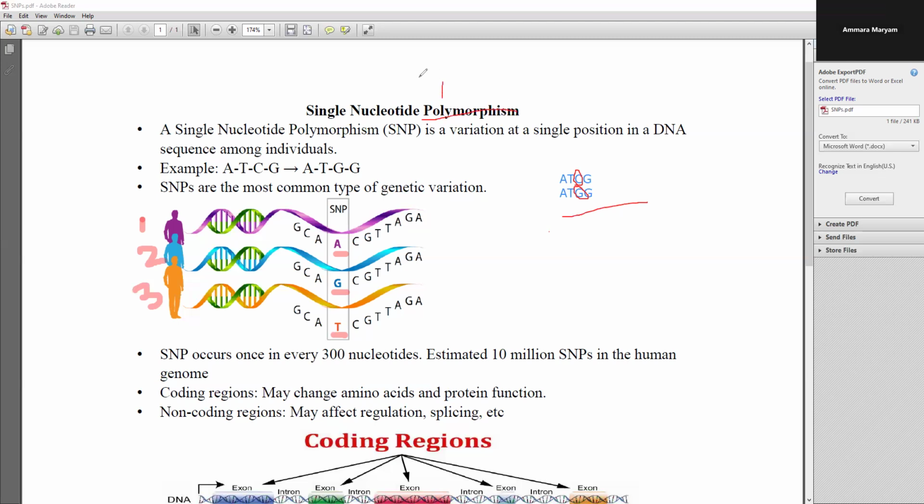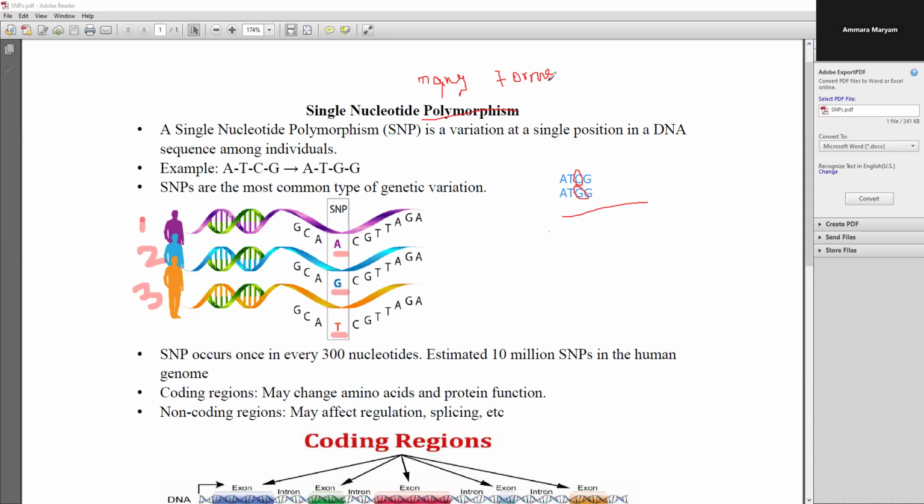When we talk about poly, poly means many, and morphism means forms. So these are many forms of the same nucleotide.